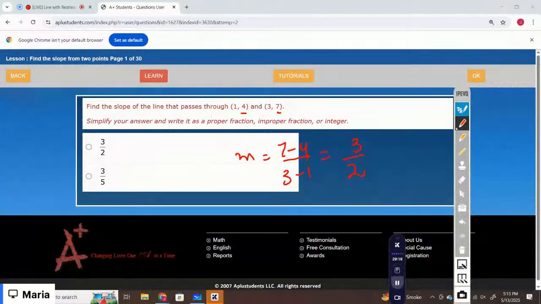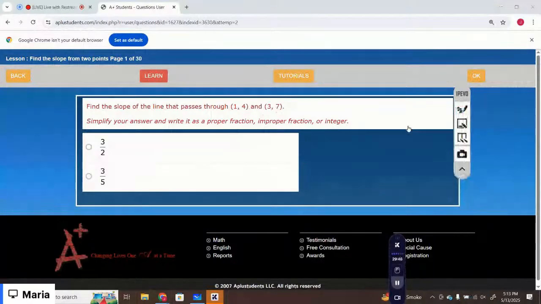So the slope is 3 over 2. The correct option is option number 1. That is 3 by 2.